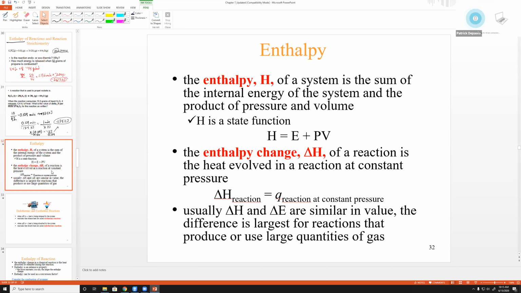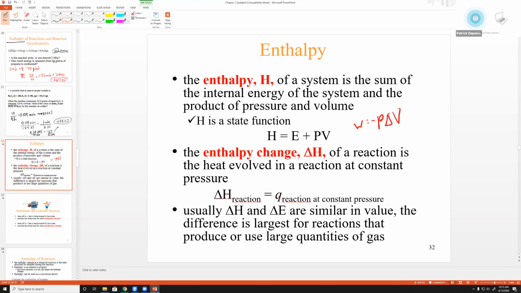So it's a sum of those. Basically the work. Where have you seen PV before? That's when you've seen work, W equals negative P delta V. This is a form of that, where you can say the energy associated with a reaction is the energy of the reaction plus the work done by the reaction. And that's true as well.